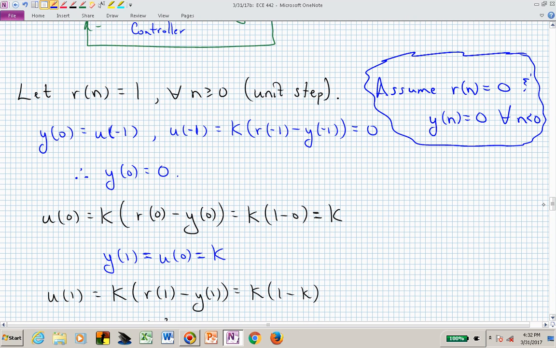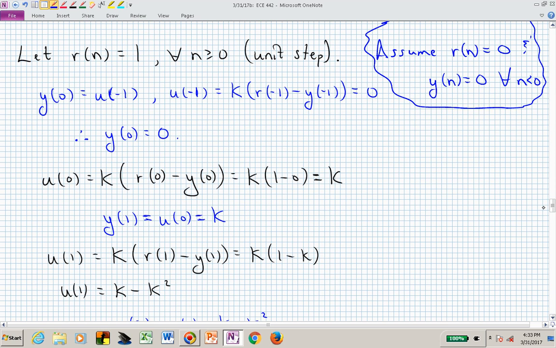Well, now that we have y of 1, we can compare that with r of 1 and generate the input at time step 1. U of 1 is now k times r of 1 minus y of 1, or that's k times 1 minus, and y of 1, remember, was k. Or we've now created an input u that's k minus k squared.